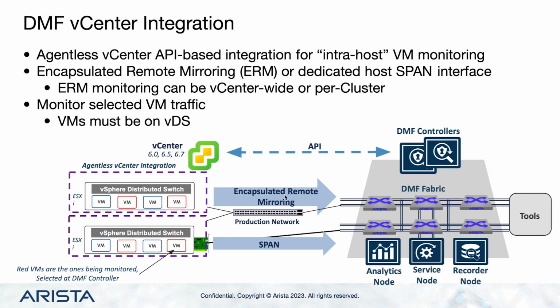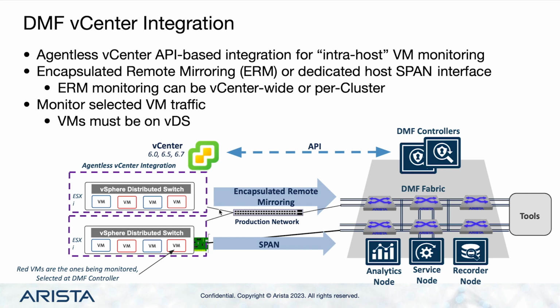We can do the encapsulated remote mirroring, ERM, and again, that is a GRE tunnel that you're setting up between vCenter and the DMF fabric. That tunnel is built across the production network. If I am capturing packets in this case, I'm going to encapsulate those into a GRE.